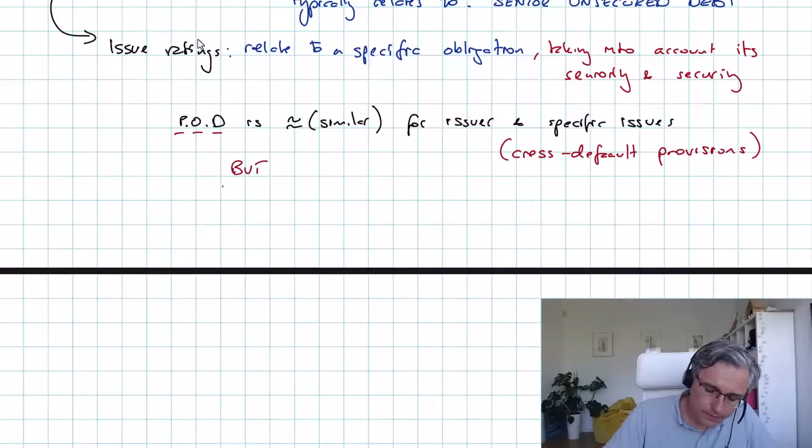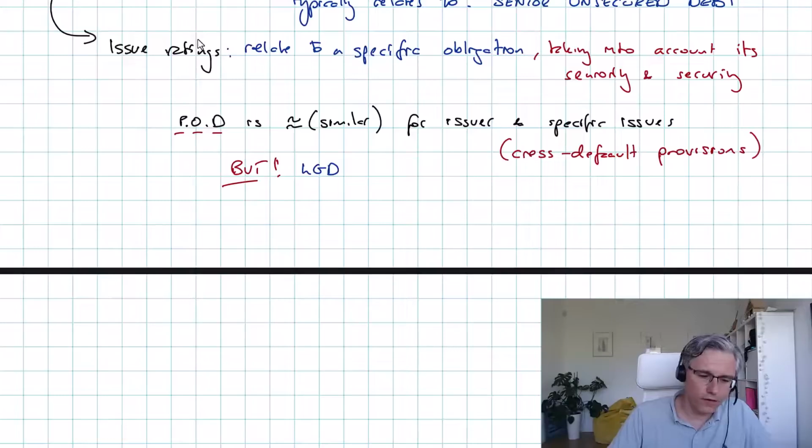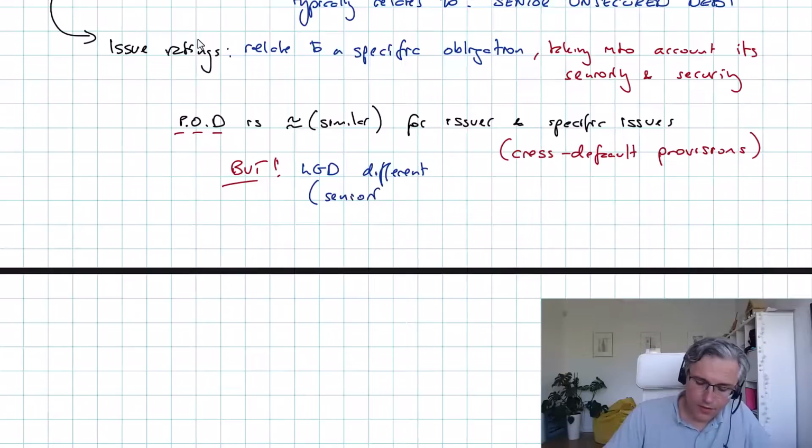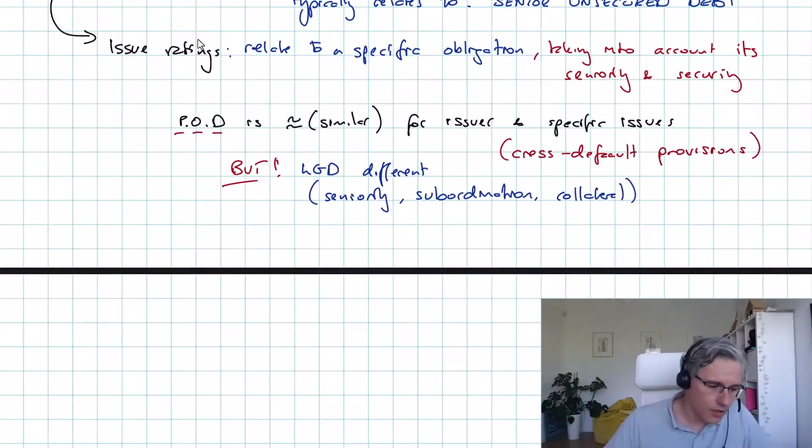But what is important is that the LGDs, the loss given default, will be different. And that's because each issue has its own specific seniority ranking, its level of subordination, its level of collateral or specific collateral, which will make it unique.